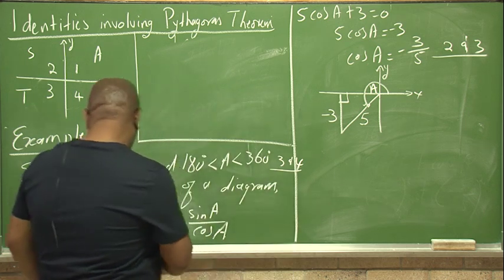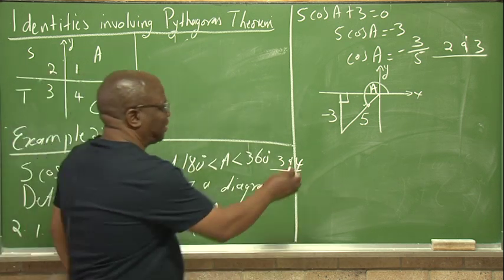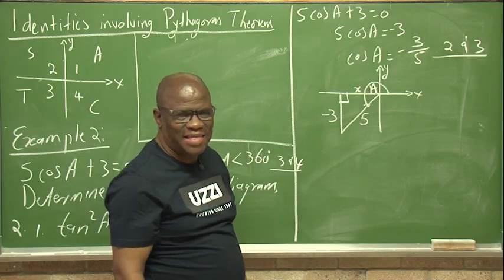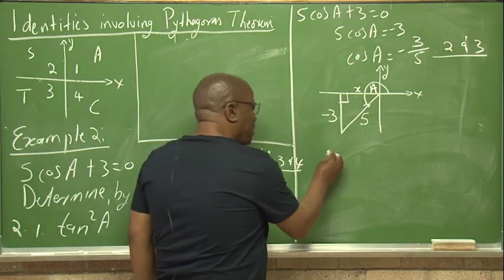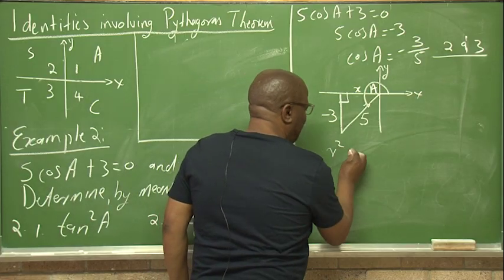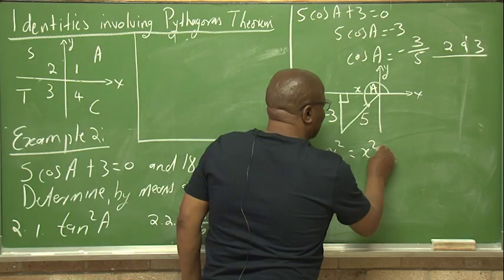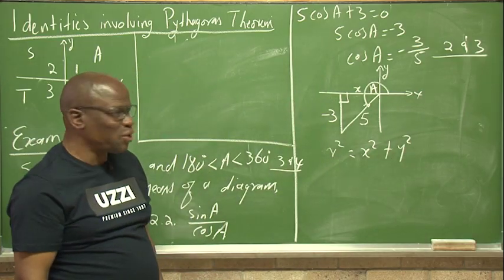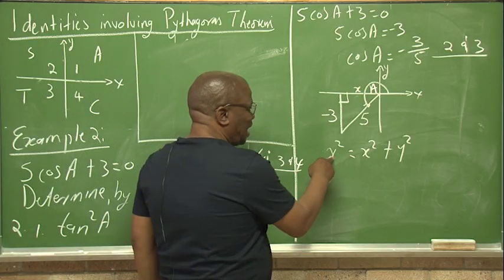Let's calculate this side, which we call x, by using Pythagoras' Theorem. According to Pythagoras' Theorem, the square on the hypotenuse is equal to the sum of the squares of the other 2 sides. r squared equals x squared plus y squared. Our r, which represents the hypotenuse, is 5.